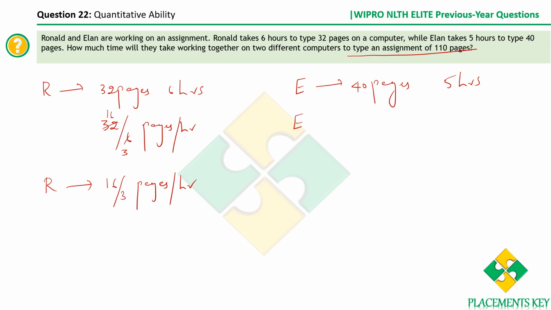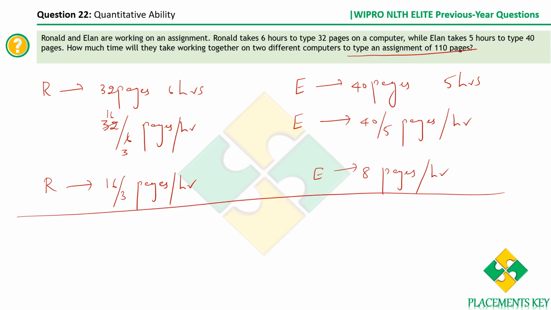Elon types 40 pages in 5 hours. So in each hour, how much does he type? 40 by 5 pages in an hour, which is 8 pages per hour. That is Elon's efficiency. So now we are told that they are working together on two different computers. Therefore, R plus E, that is Ronald and Elon working together, can type how many pages in an hour?